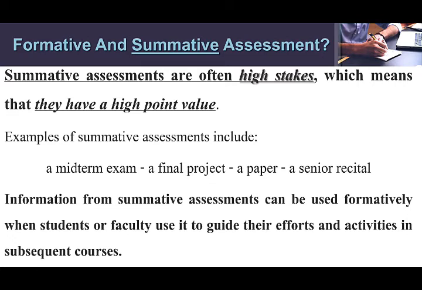What if the student missed an exam and the score for that exam is 15? We cannot give him 15 marks. That's summative assessment. Summative assessments are often high stakes. We give high marks, big value, a lot of marks for that type of assessment.